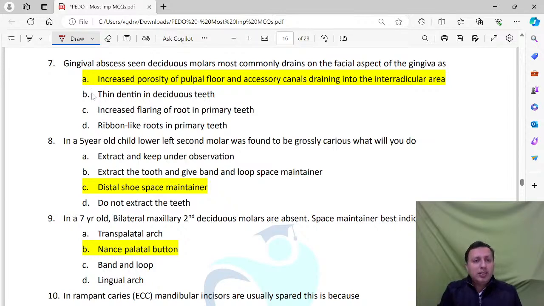The answer is increased porosity of the pulpal floor and the accessory canals that are draining into the interradicular area. It is not because the roots are flared or ribbon-like or there is thin dentin in the primary teeth. No, it is because of the increased number of accessory canals located in the furcation area.